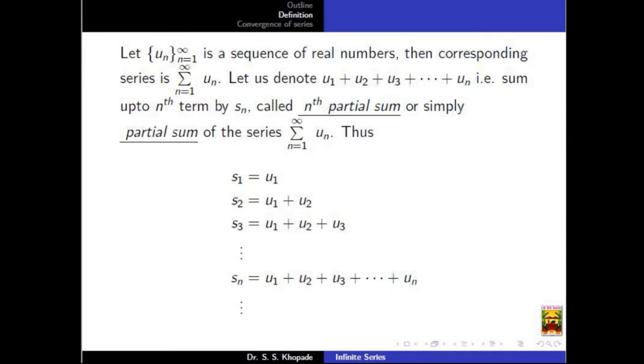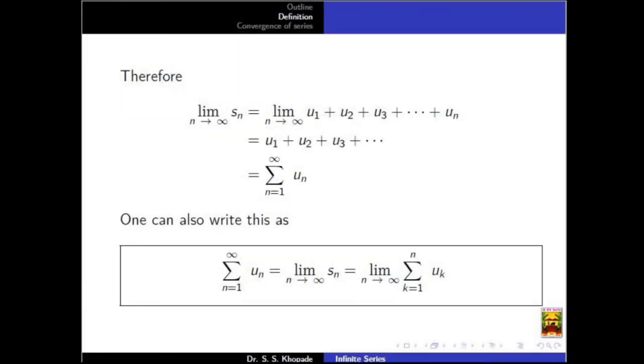Now observe that if we go on increasing the value of n up to infinity, automatically the right hand side is u1 plus u2 plus up to infinity. It means the desired summation, or the value of the infinite sum, is obtained by letting Sn, as n tends to infinity, or the limit of Sn as n tends to infinity. This is actually the meaning of infinite summation.